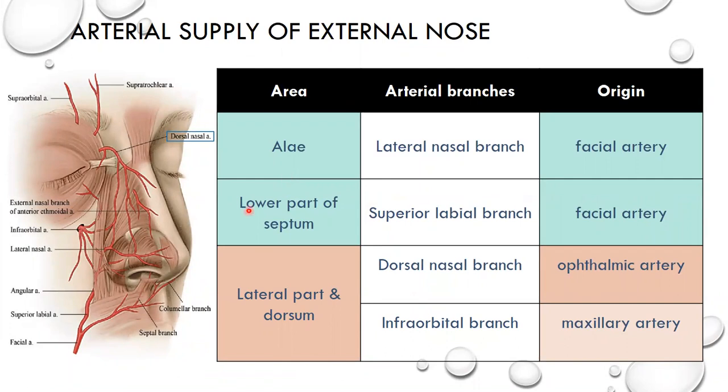For the alar region, it is supplied by the lateral nasal branch. This one, the lateral nasal branch, is a branch of the facial artery.